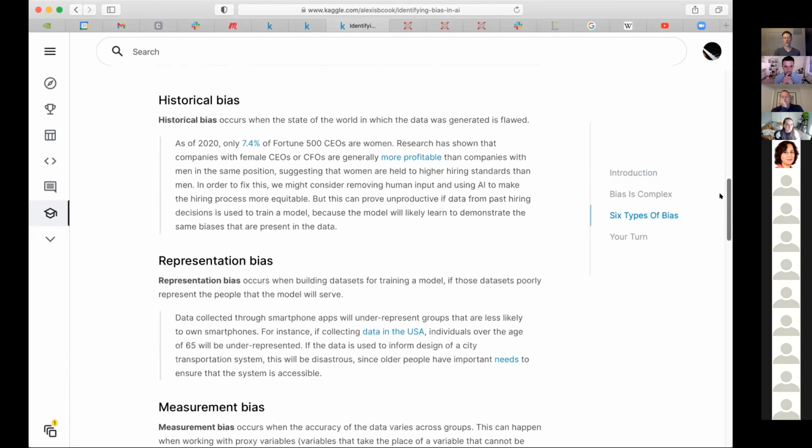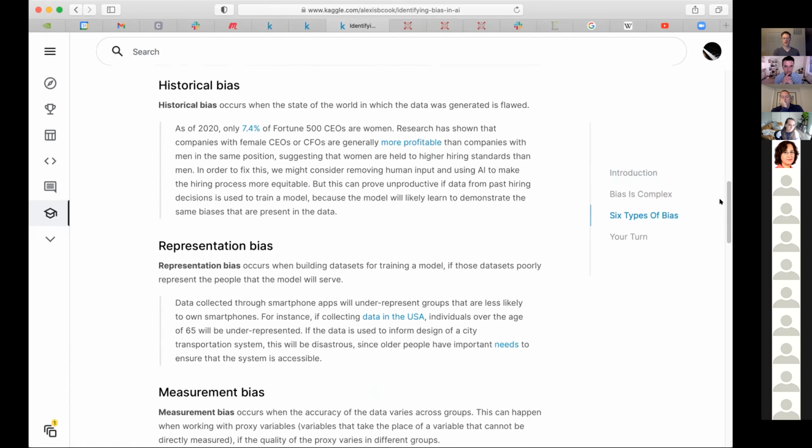So historical bias is the first one, and this occurs when the state of the world in which the data was generated is flawed. The example provided here is that a very small fraction of Fortune 500 CEOs today are women.